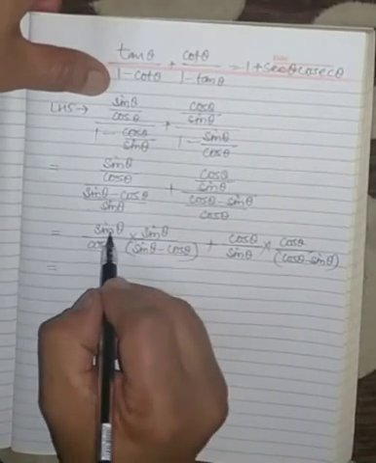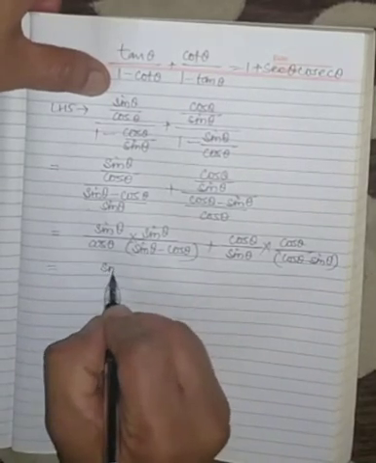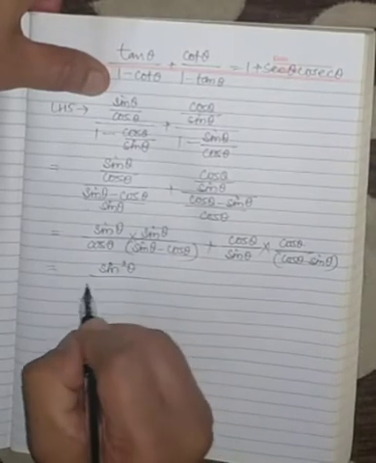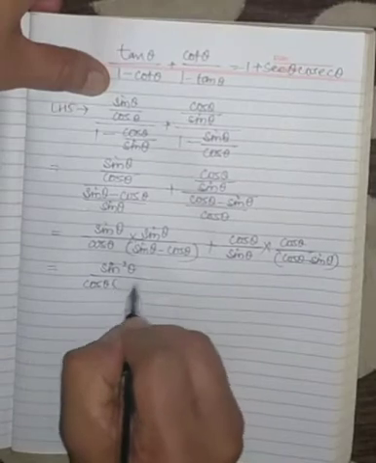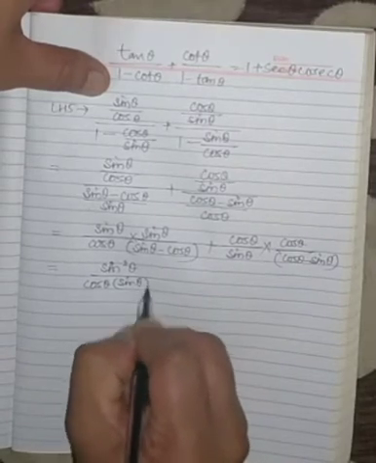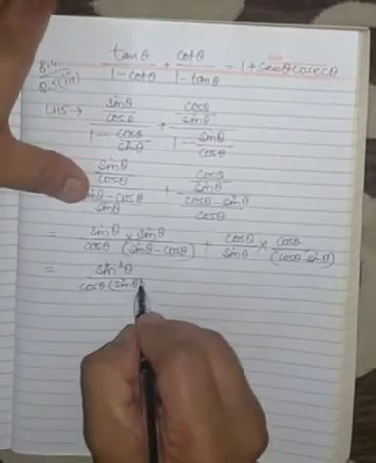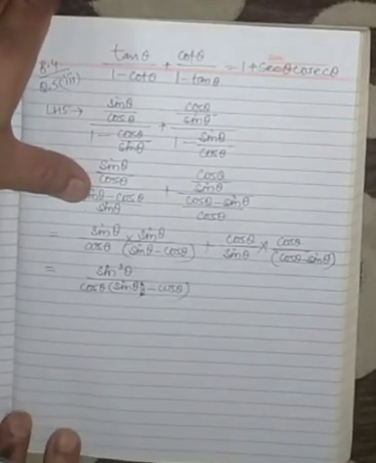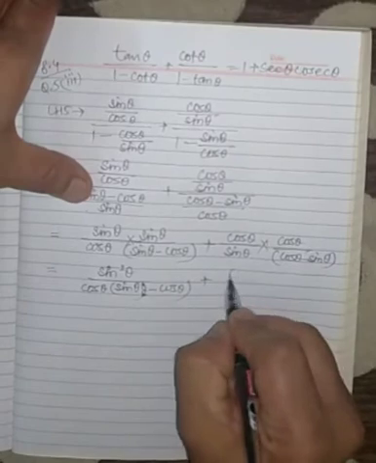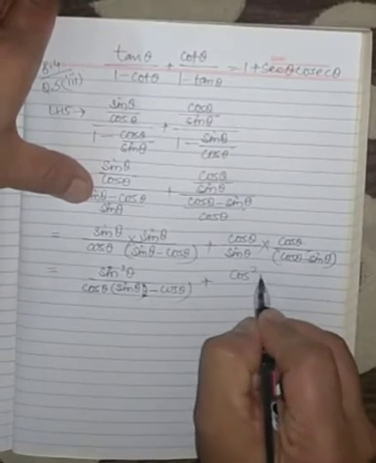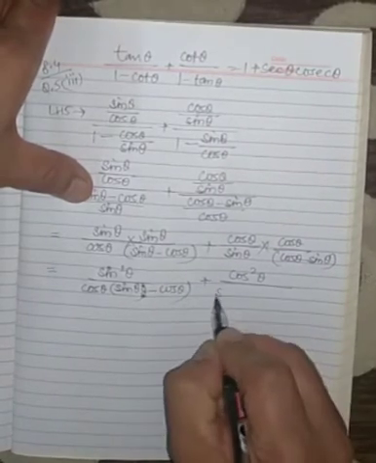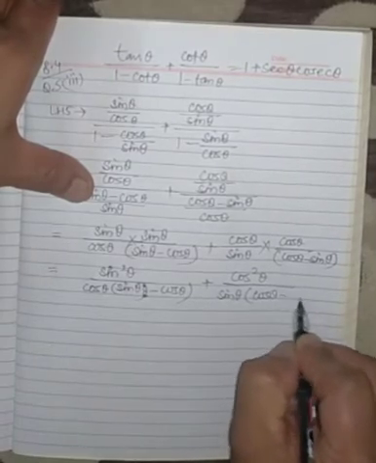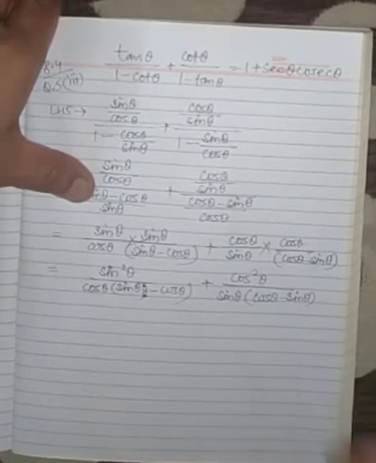So it becomes sine theta into sine theta is sine square theta upon cos theta into sine theta minus cos theta plus cos theta into cos theta is cos square theta upon sine theta into cos theta minus sine theta.